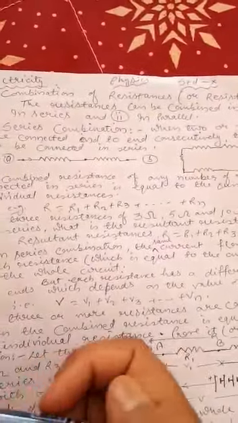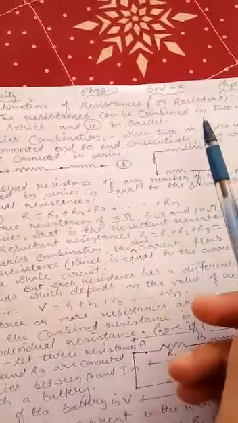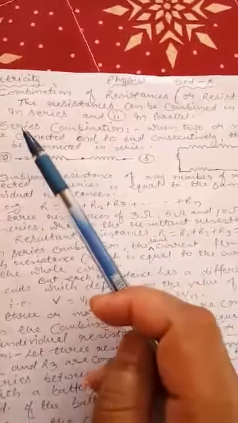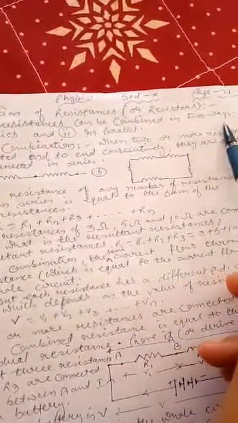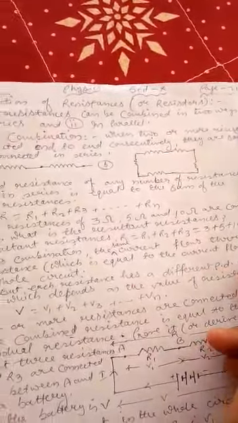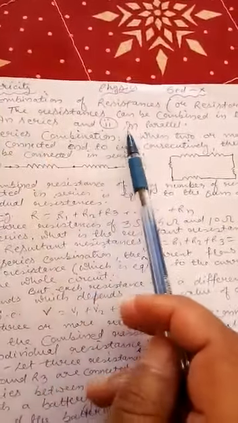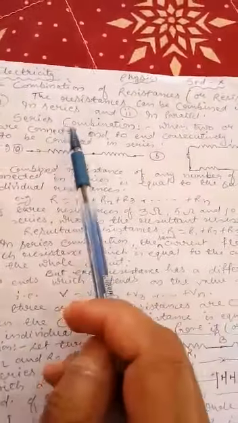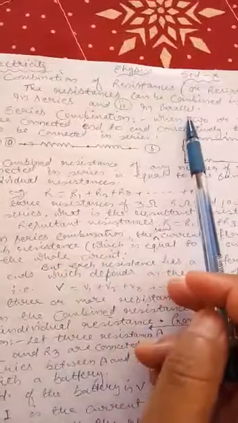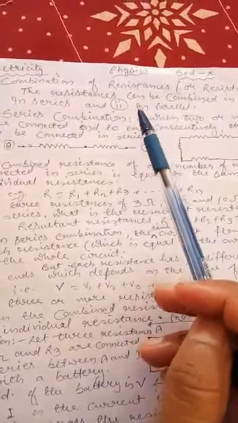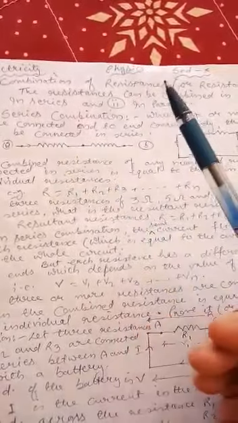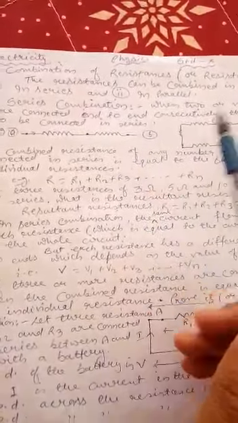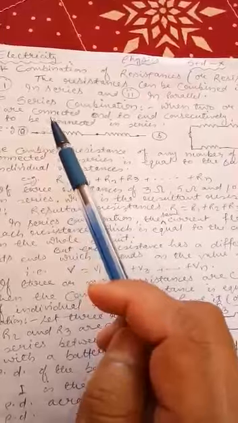In two ways: one in series and another in parallel. Today I would like to discuss series combination, and in the next class I will guide you in parallel combination.